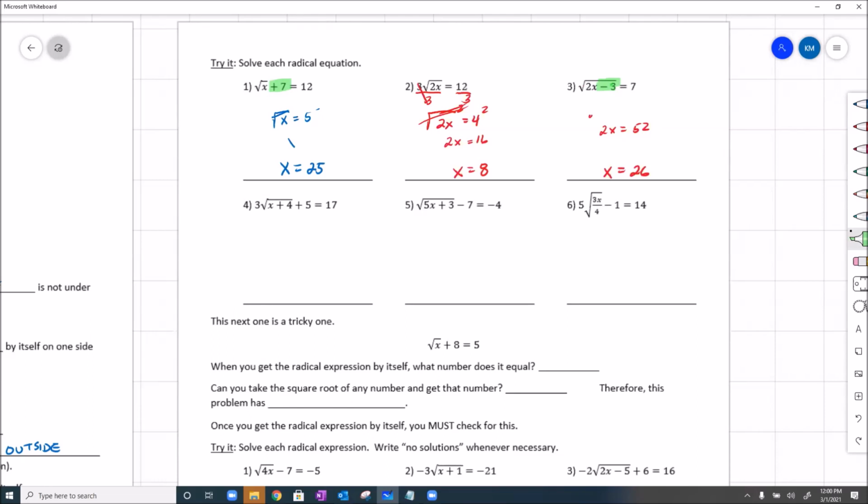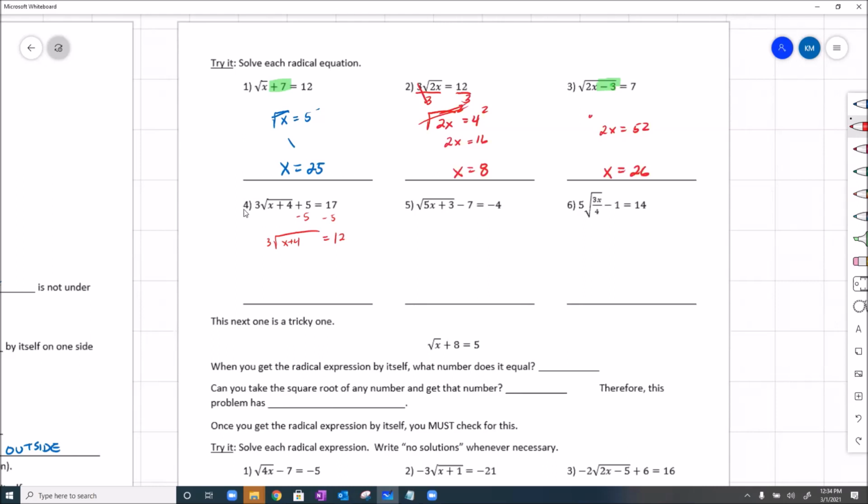Let's go on to number 4. We have 3 radical x plus 4 plus 5. I'm going to subtract 5 from both sides first. So subtracting 5 from both sides gives me 3 radical x plus 4 equals 12.